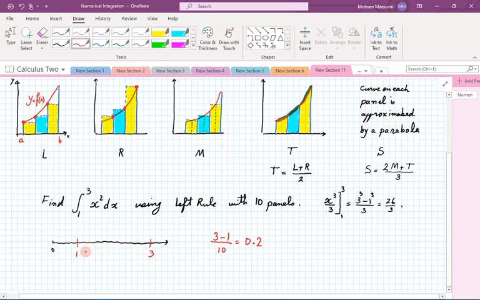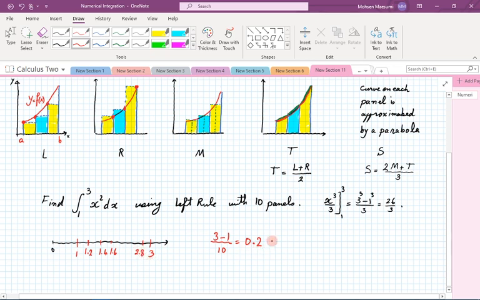So I go to 1.2, and then I go to 1.4, and then 1.6, and so on, all the way. At the end, I'm going to have 2.8. The last point is going to be 3.